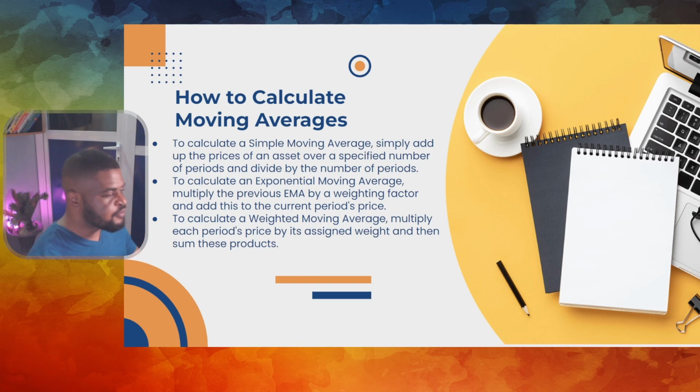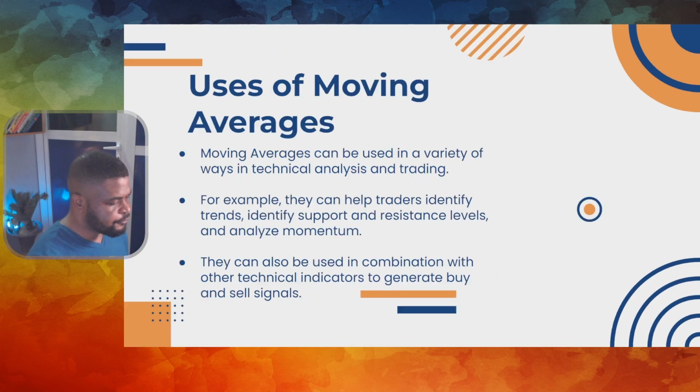And of course, to calculate the weighted moving average, multiply each period's price by its assigned weight, and then sum these products together. That is the theory behind it. But of course, you don't have to commit this to heart. Like I said earlier, it's very easy to implement. All right, so let's move forward.